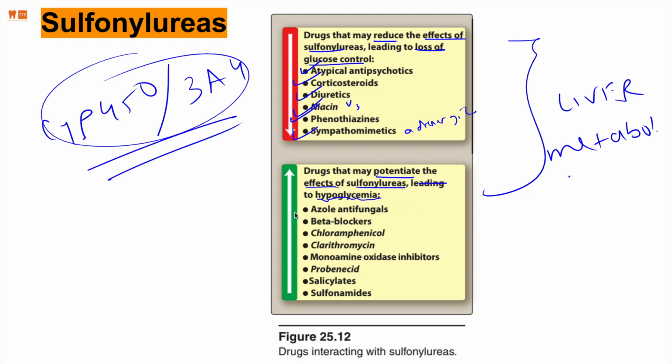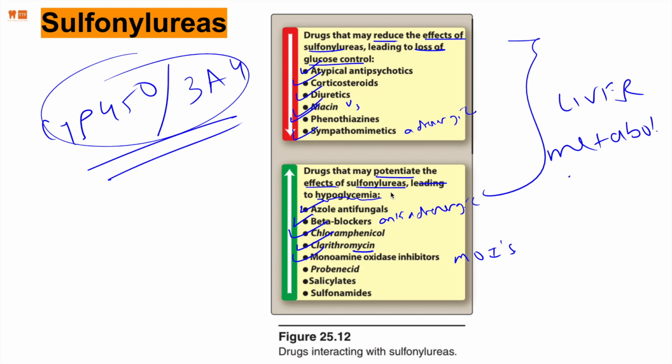active, right? Are azole antifungals, beta blockers, which are anti-adrenergic, chloramphenicol, clarithromycin. Mycins are very bad. Monoamine oxidase inhibitors, the MAOs. And of course, all of this is in detailed discussion in our general pharmacology lectures, adrenergic, cholinergic, and so on.